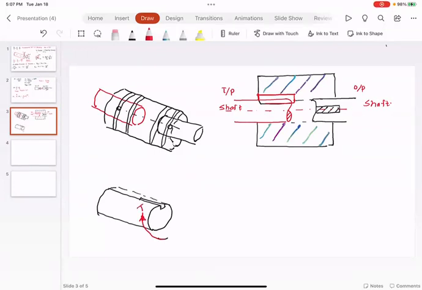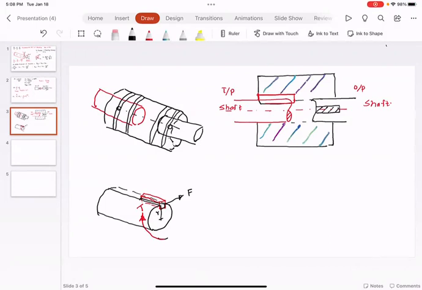You agree with me? Torque is force times the radius, which means if I were to look at the key, and I'm going to show you a simple square cross-section key, on this key there is force times radius.